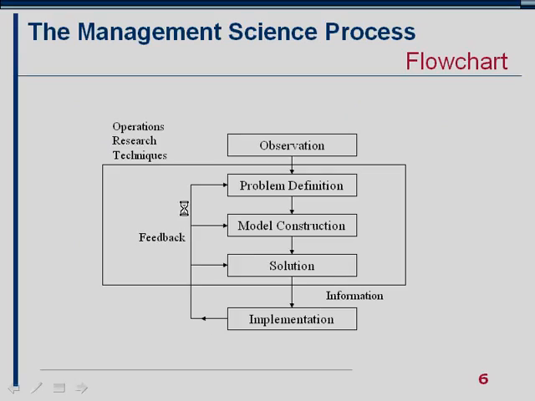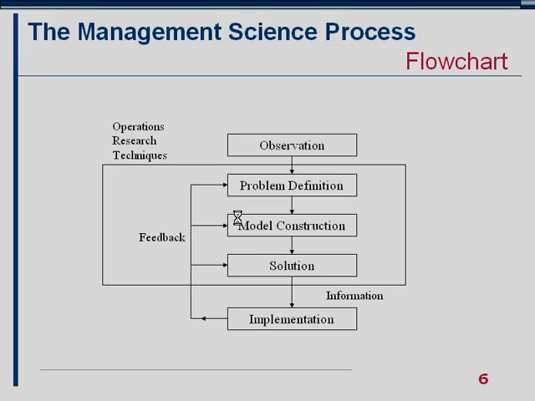So we may have this feedback loop in which we realize that maybe we have the wrong problem definition. Maybe we have solved a problem that doesn't give us our desired results. So we may have to restate our problem definition.